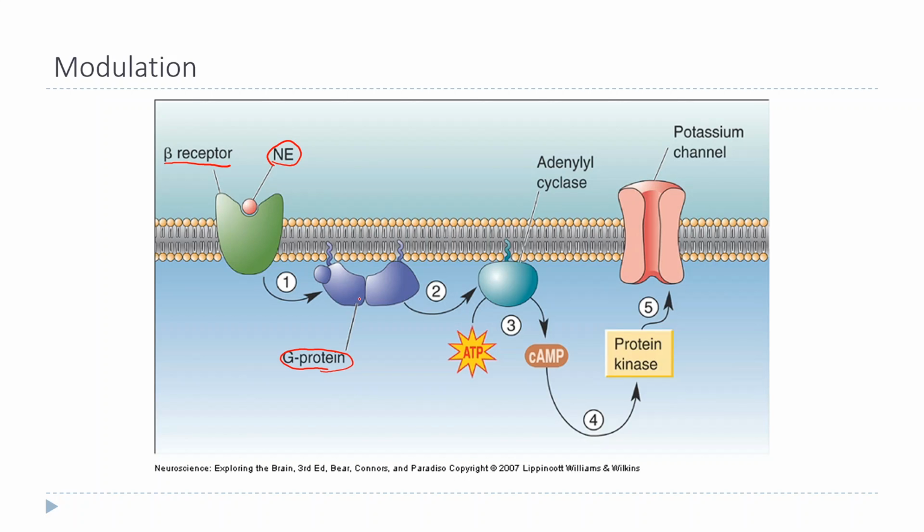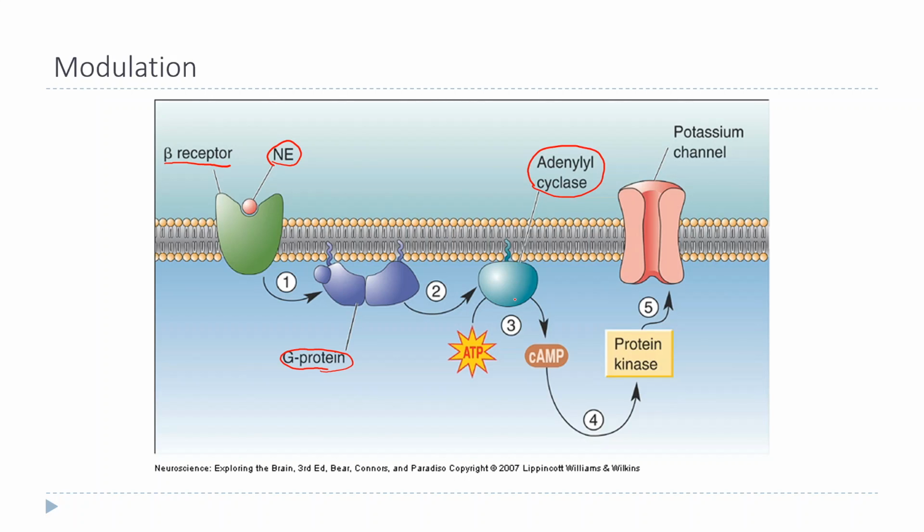And G proteins, we'll talk more about them later, but suffice to say for now that when the receptor activates the G protein, this particular G protein in most cells activates an enzyme called adenylyl cyclase. So adenylyl cyclase is activated by a specific G protein, in this case one that is in turn activated by the beta receptor.